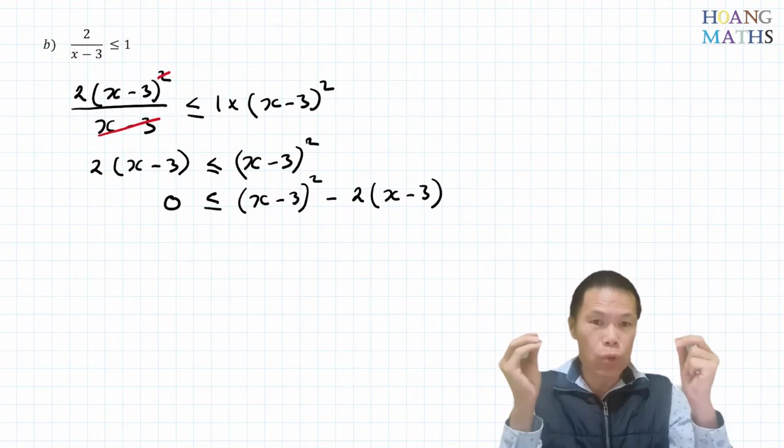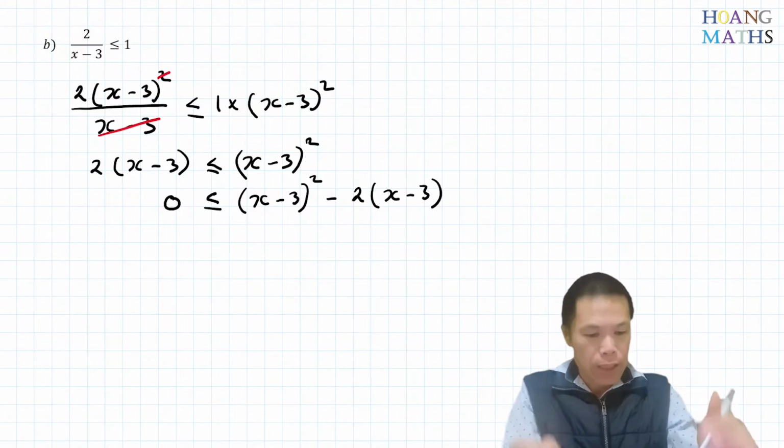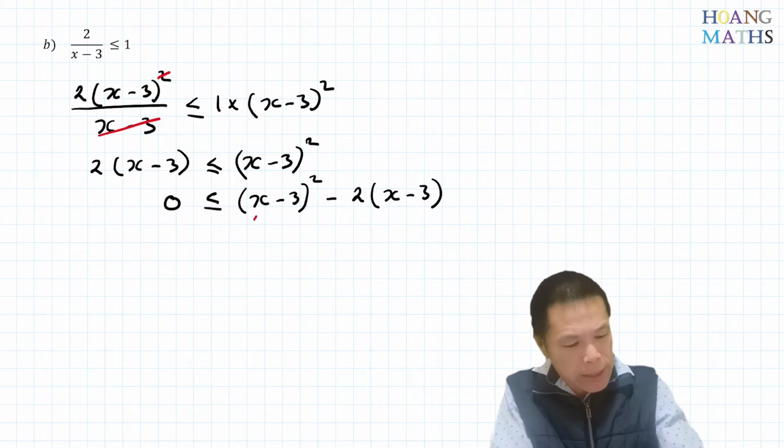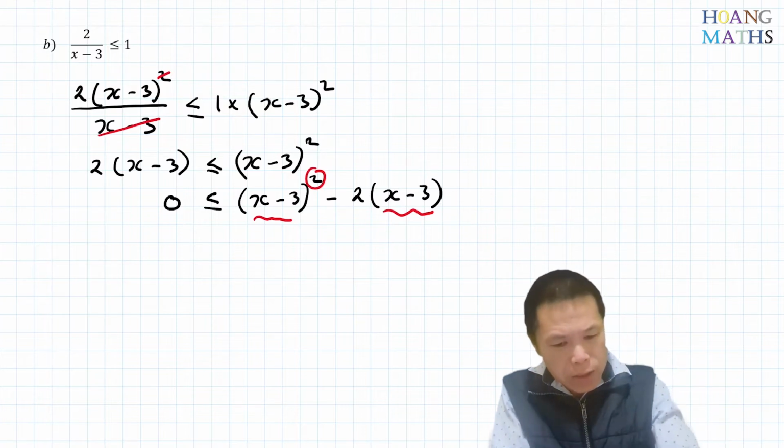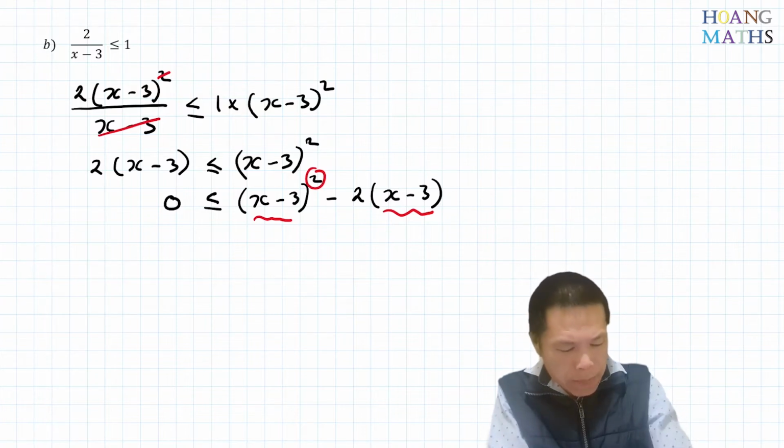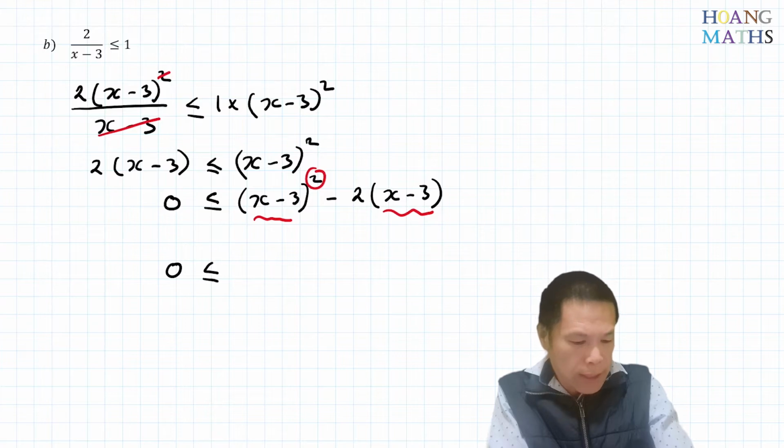And then what I do, I just factorize straight away. So the common factor here is x minus 3, because this is a square. So if I take x minus 3 out, I just write that underneath here. So 0 less than or equal to, I take x minus 3 out.